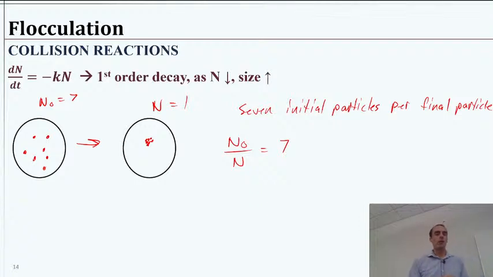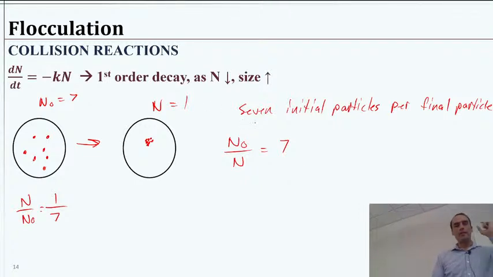Now, a lot of times in our class, we will talk about n over n naught. How many are remaining? Well, that would be 1 remaining compared to 7, what we started with. It's not going to be as convenient to work that way because that's not as intuitive to say out loud. So say it out loud, say 7 initial ones per 1 final. Just saying that, like when you're on the exam or doing a homework, will make sense with how the questions are phrased and how we're designing the process.